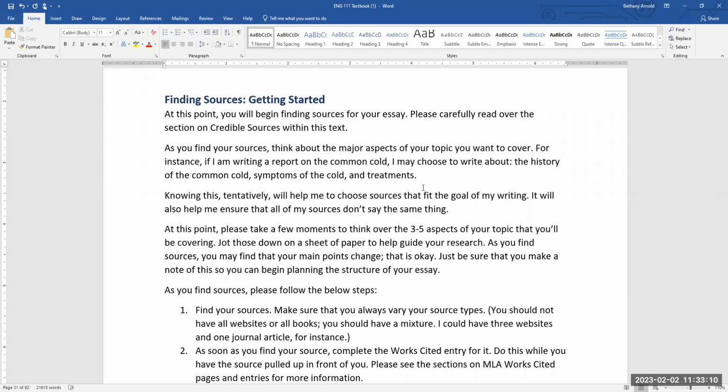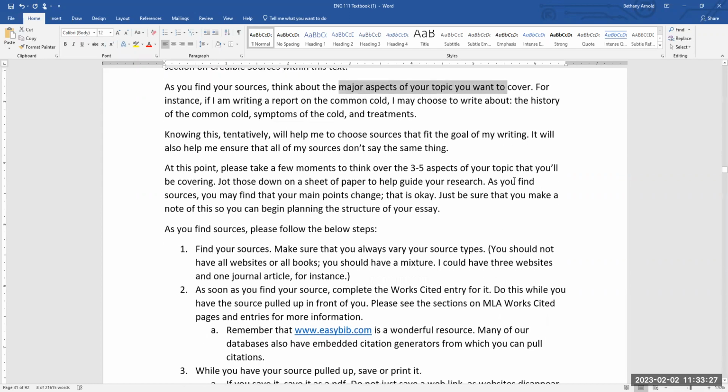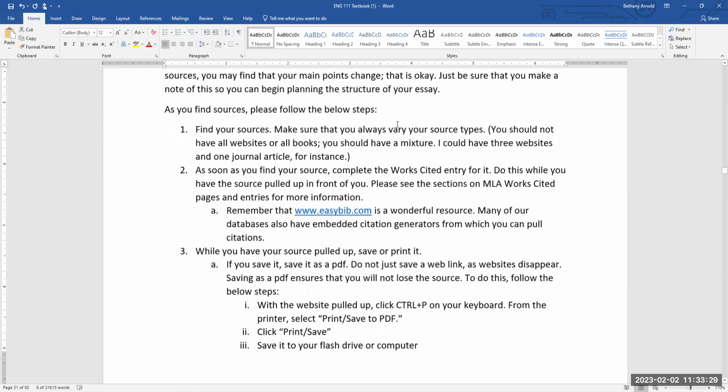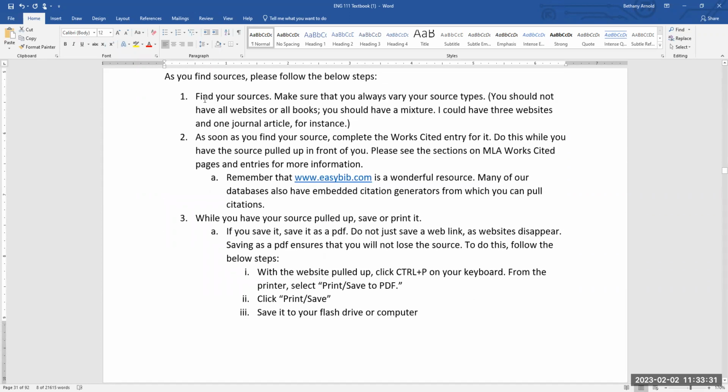So if you read the article and it's a little too in the weeds, if they've used a lot of lingo, if it's difficult to understand, maybe avoid that source and find a source that would be more usable to you. So again, you want to think about the major top aspects of your topic that you want to cover, and then begin finding sources.